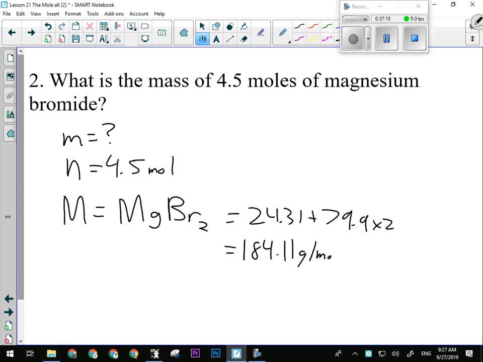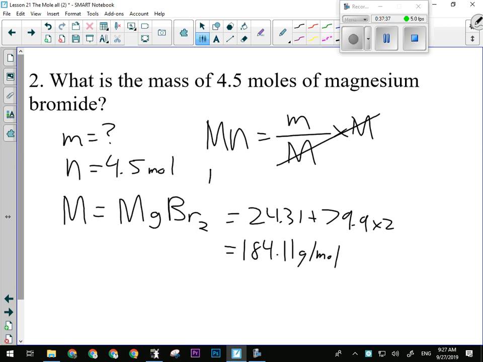Okay, so 184.11 grams per mole. Okay, so I have N and I have big M, and I'm looking for little m. So if I want to get little m by itself, I'm going to multiply both sides by big M, and then I'm going to plug in my numbers.